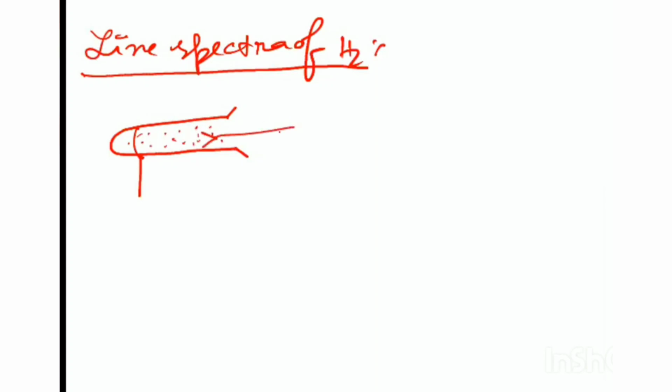Now here an electrical discharge is given. So what happens? This hydrogen gas becomes ionized and it emits electromagnetic radiation.